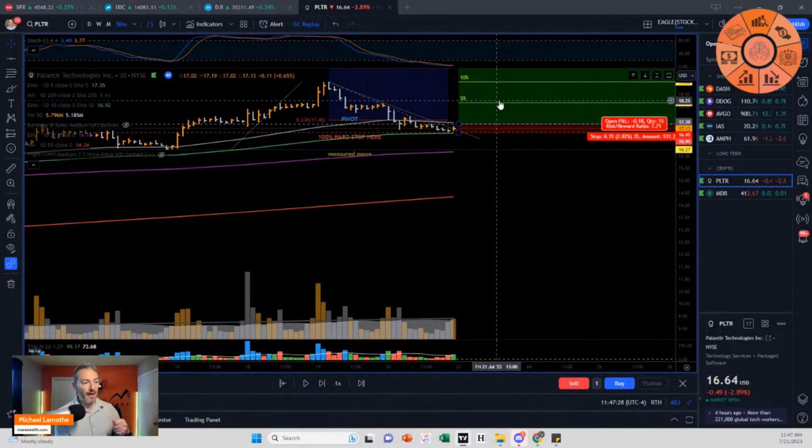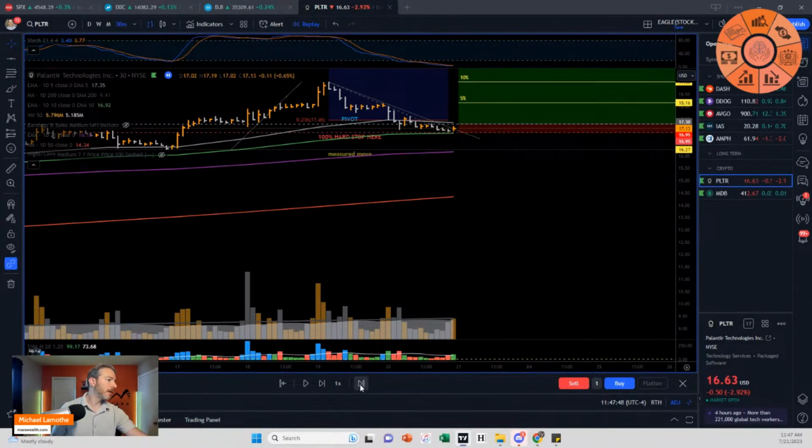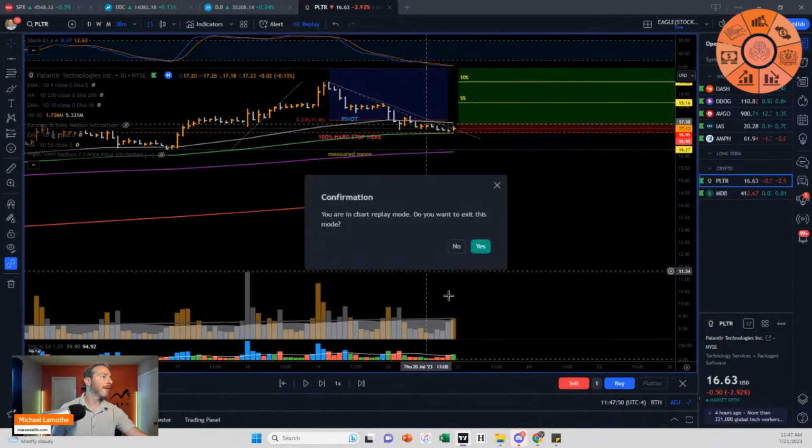Distance between the entry and the stop. For capital, I'm risking only 0.15% of capital. And my upside on it is tremendous. I went in with a 7.5% position. So if this went, that would have been nice. But it didn't work out. Here's what ended up happening.